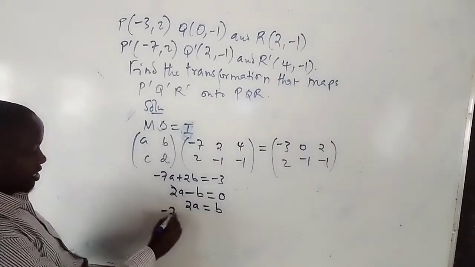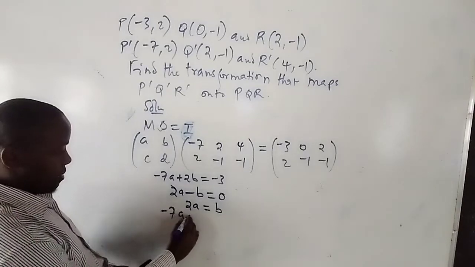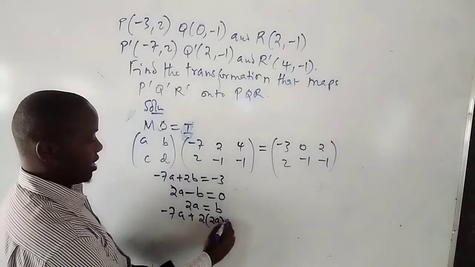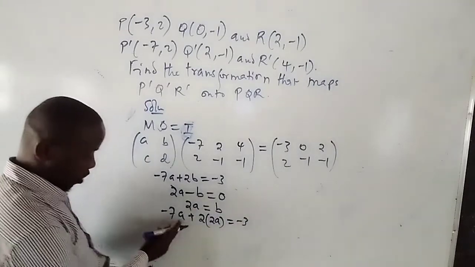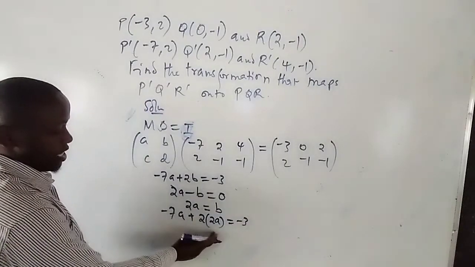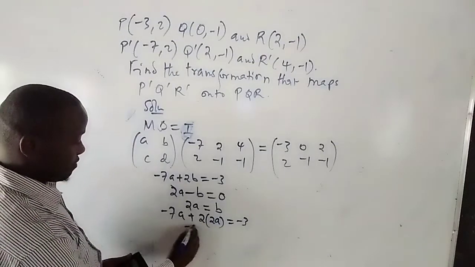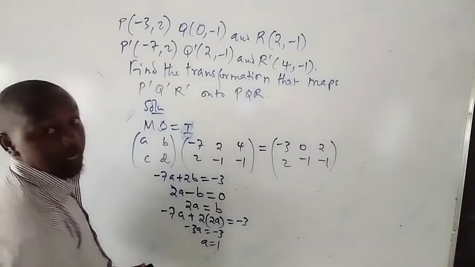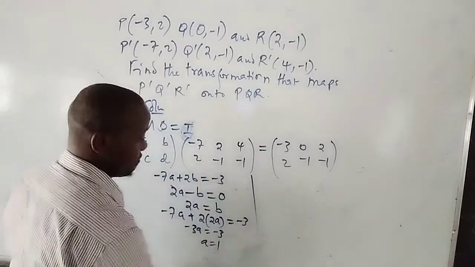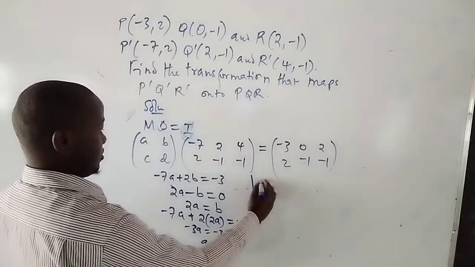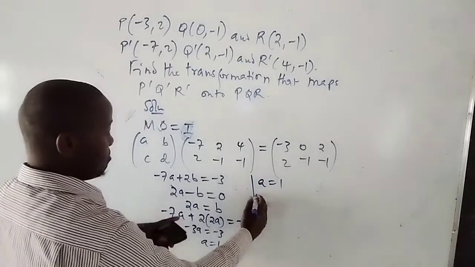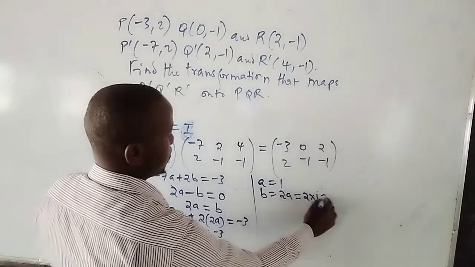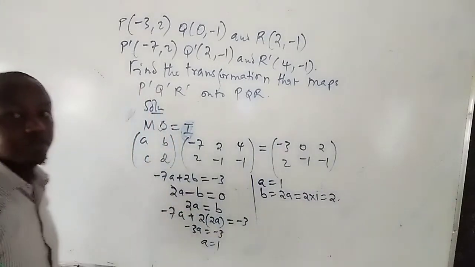We can say -7A plus 2 times 2A is equal to -3. So -7 plus 4 becomes -3A is equal to -3. So A is 1. If A is 1, then B will be 2A, which is 2 by 1, which is 2.